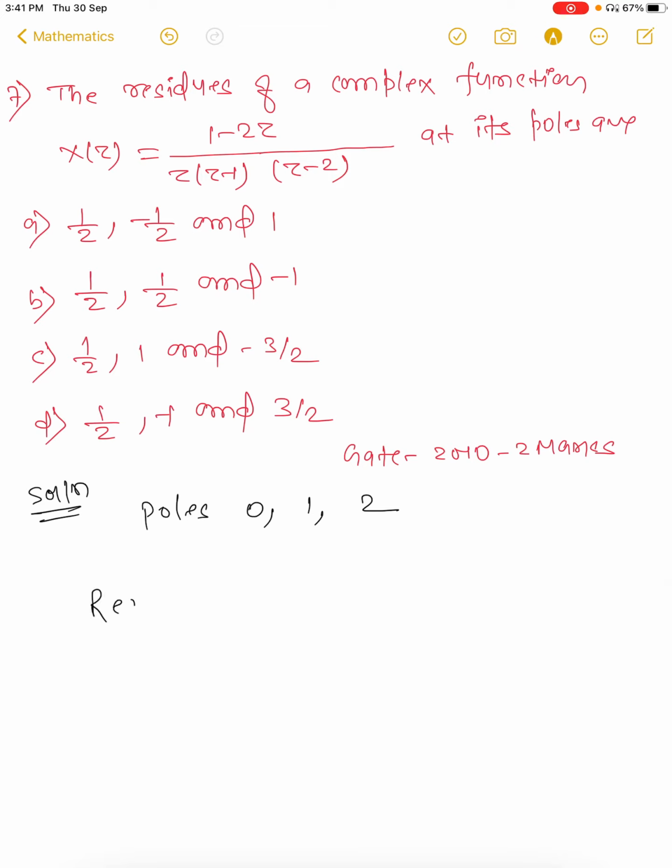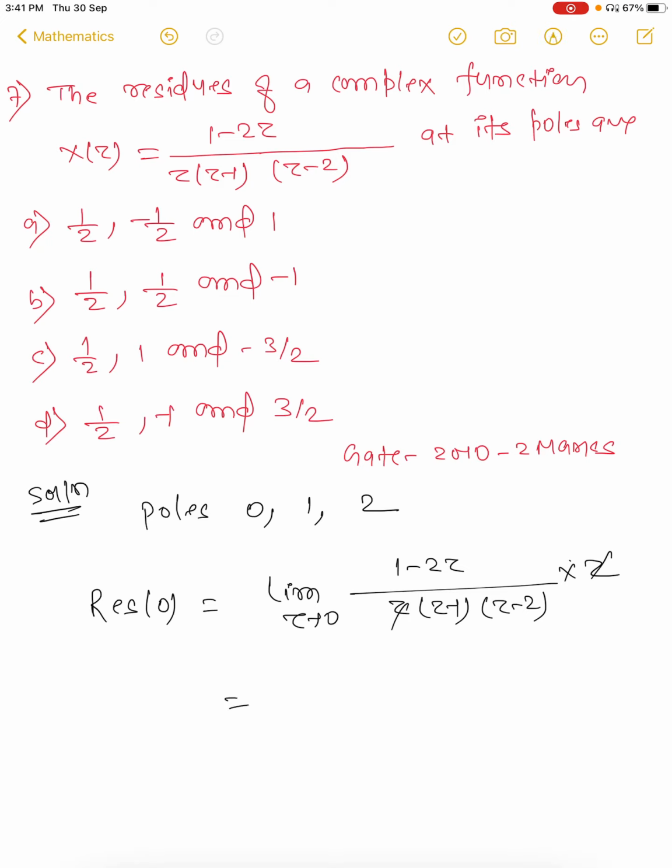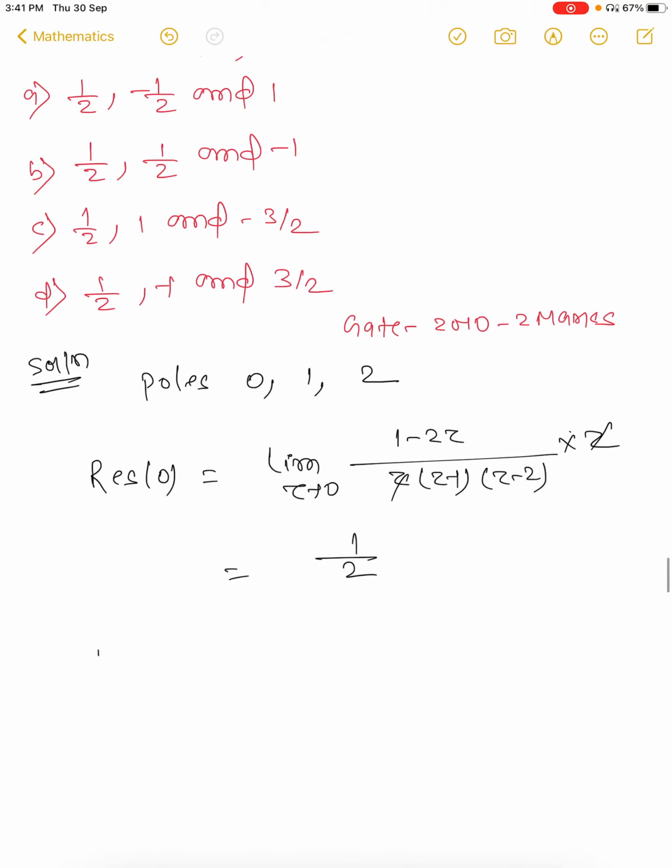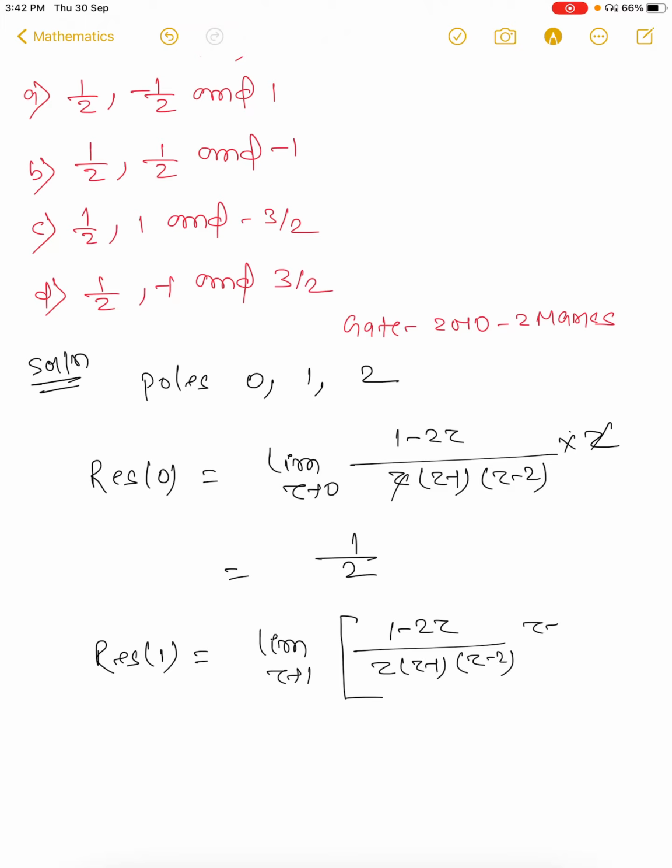The residue at 0 will be the limit as z tends to 0 of (1 - 2z) / (z(z - 1)(z - 2)) multiplied by z. Putting z equal to 0, we get 1/2. Now the residue at 1 is the limit as z tends to 1 of the function multiplied by (z - 1).